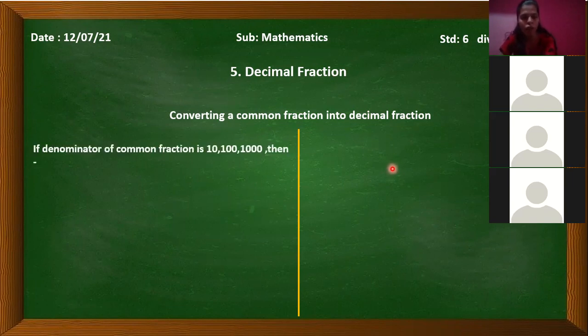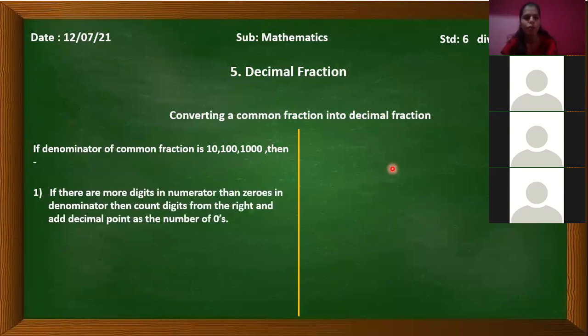So if the denominator of common fraction is 10, 100 or 1000, then how will we convert it into a decimal? So we can see here there are some rules. So first rule is, if there are more digits in numerator than zeros in denominator, then count digits from the right and add decimal point as the number of zeros.